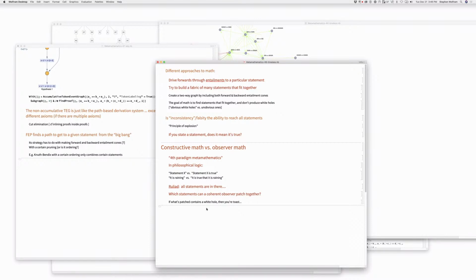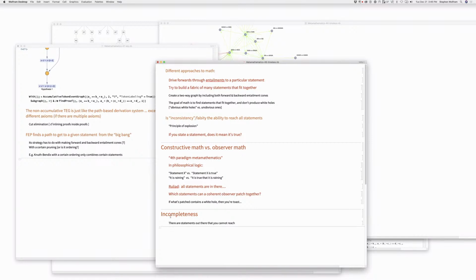So in this timeless view, what is incompleteness? It's basically all it's saying is there are statements out there that you cannot reach. Well, so hold on.